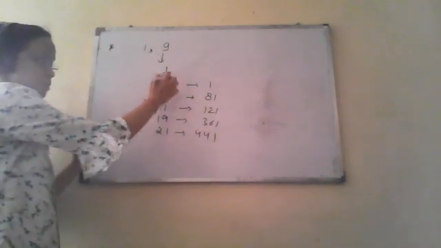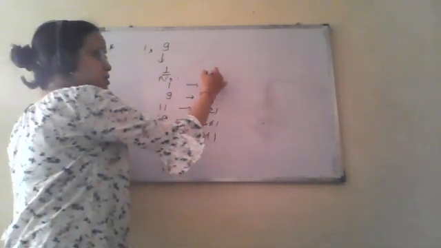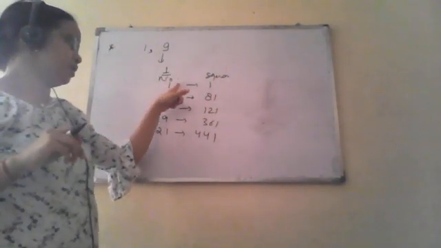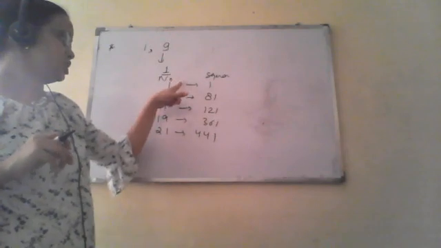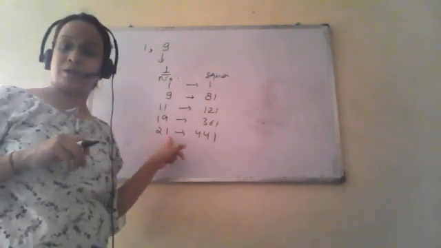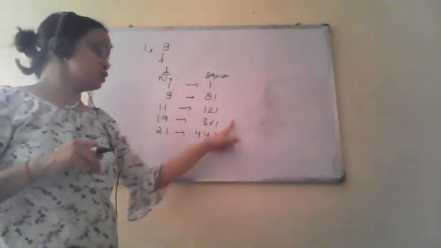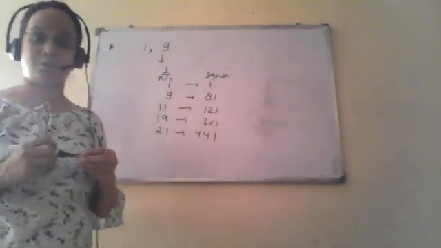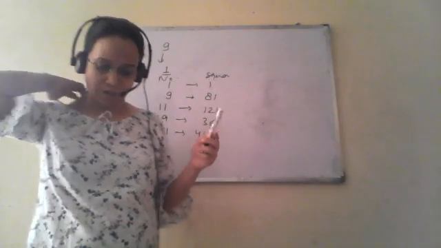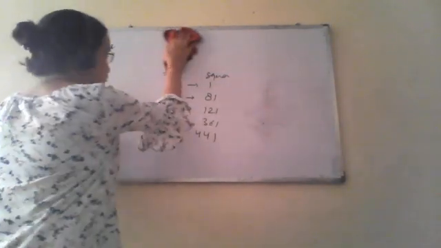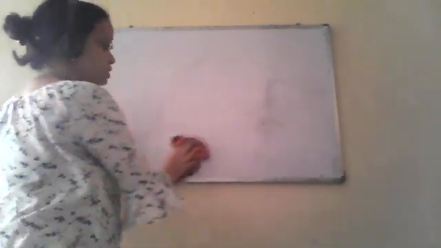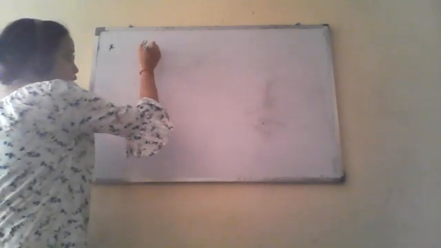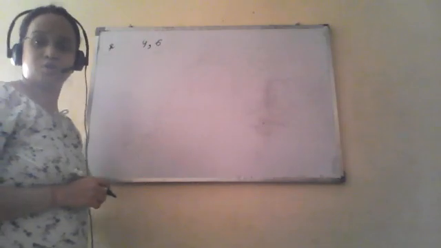So these are the numbers and these are the squares. These numbers end with 1, 9, 1, 9, 1, and their squares will always have 1 at the unit place. So this is clear. Similarly, this was the case if a number has 1 or 9 at its unit place. Now if a number has 4 or 6 at its unit place.